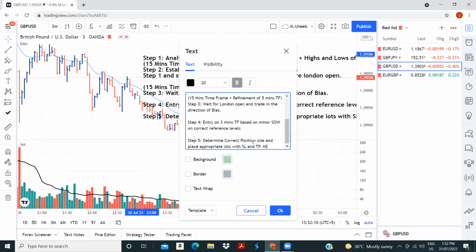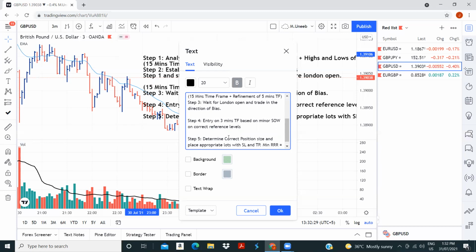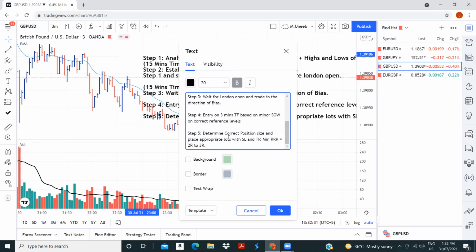What is the minimum risk reward ratio? The minimum reward to risk ratio is 2R, 2R to 3R depending on the situation. If you only trade London Open, you can easily achieve 2R to 3R on a day to day consistent basis. This is achievable.